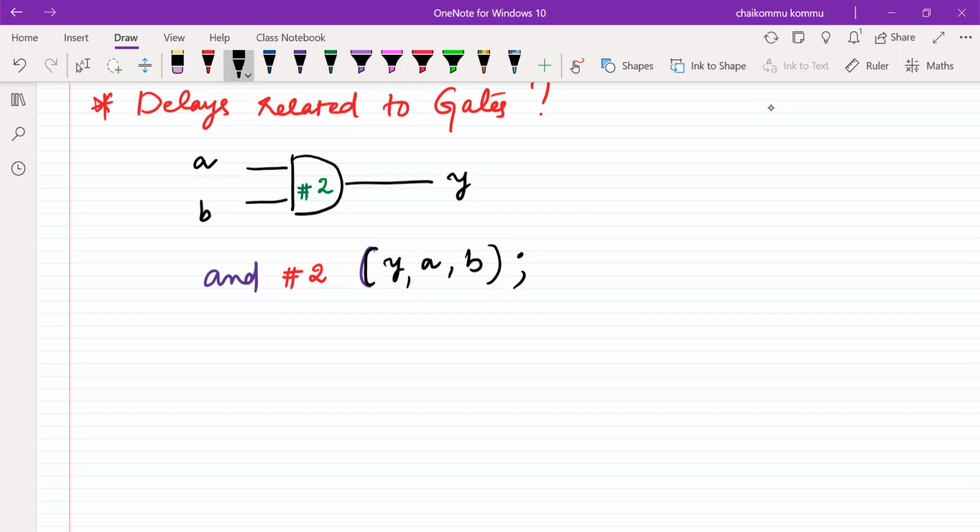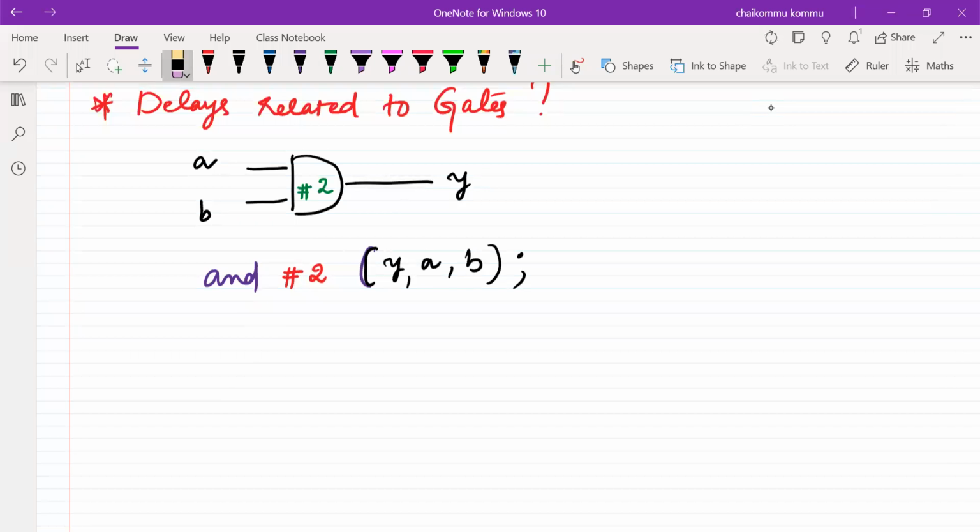As I mentioned, the name of the gate, G1 G2, is optional. Without increasing the complexity, I'm not using G1 G2 G3. If you want to, you can write G1 here. But because of simplicity, I'm not going to write it here.